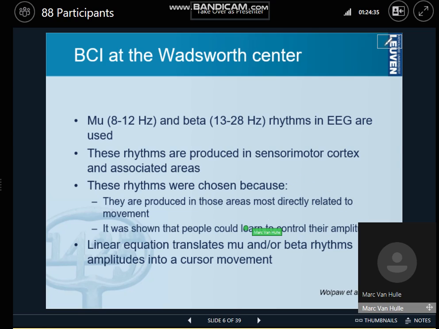So these rhythms were chosen by these researchers because they produce activity that can be related to movement, and also because their amplitudes can be controlled after training by the subjects. Then they try to map, using some regression, the activity in these mu and beta bands to control a cursor, for example, on the screen.